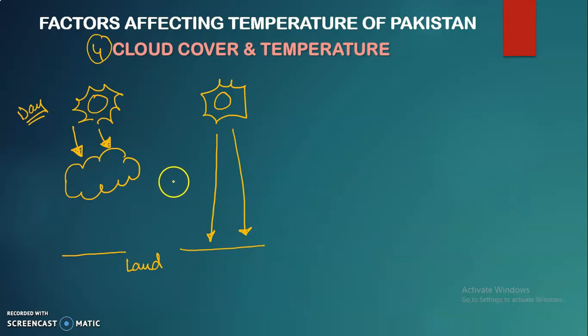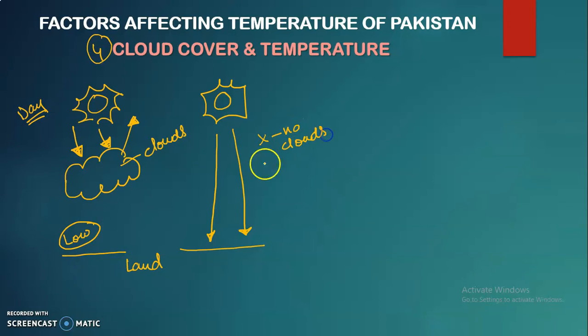But as you can see, just because of the presence of the clouds over here, the rays would reflect back and won't be able to reach the land surface completely, because of which the temperature over here would be low. On the other side, because we have no clouds, the rays of the sun would reach directly to the land surface and the temperature would be high.